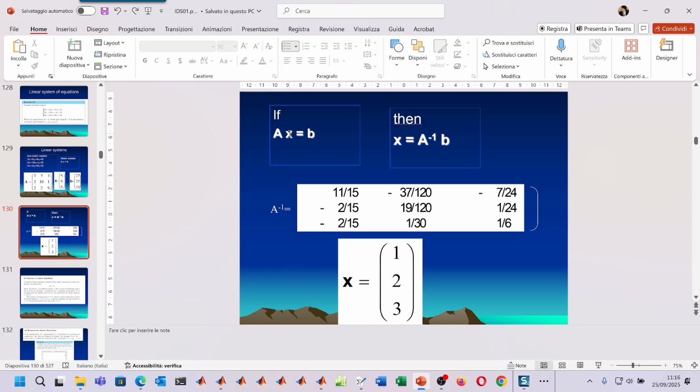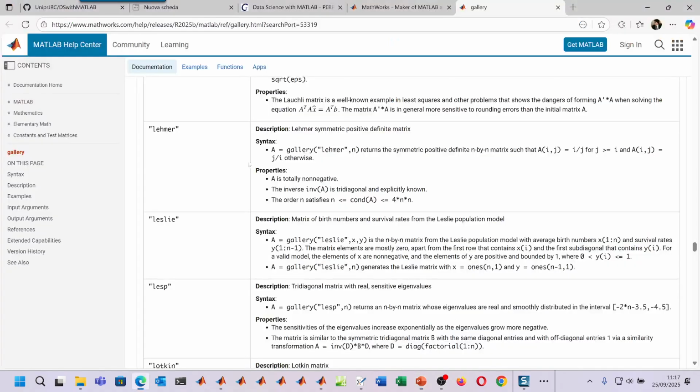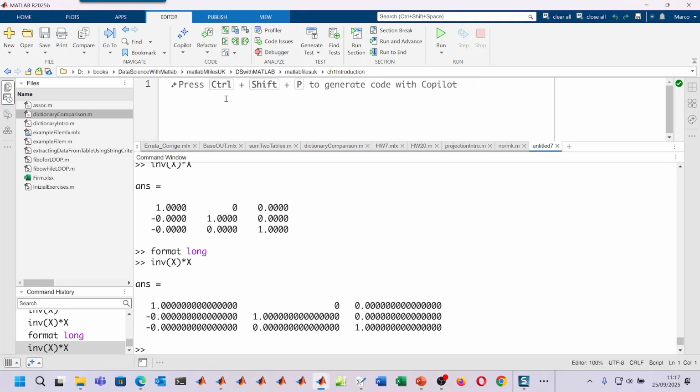The identity times X is X. On the other side, you have multiplied by the inverse of A, so A minus 1 times B.